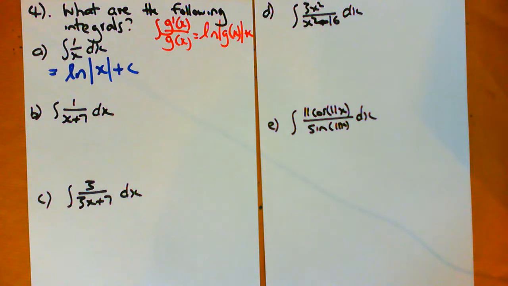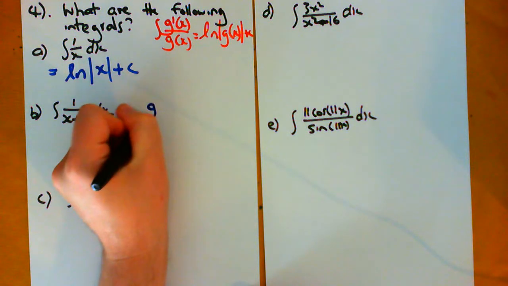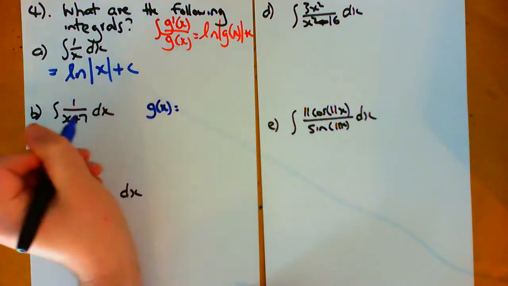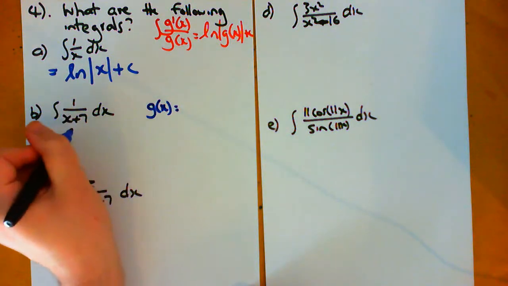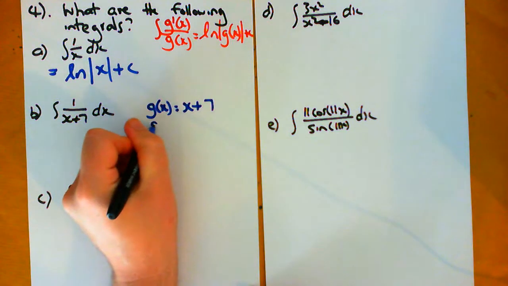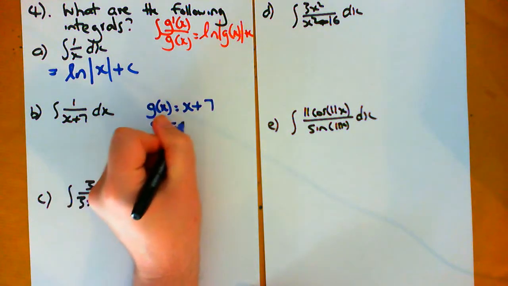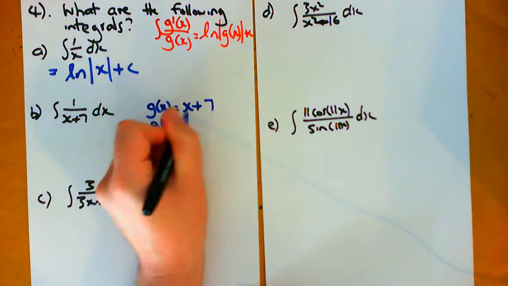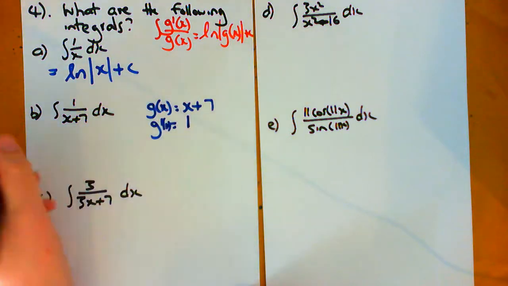So let's check that b fits that form. So g of x would be your bottom line of the fraction. So g of x would be equal to what's on the bottom, which is x plus 7. And g dash of x, if we differentiate that, we get 1.